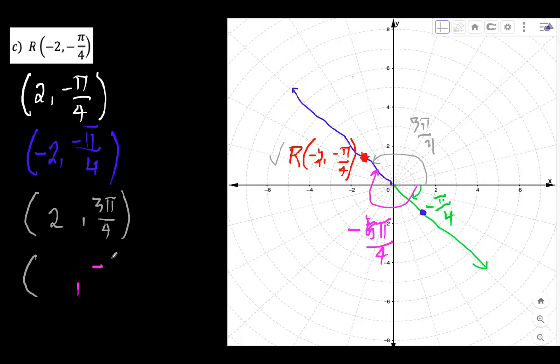So our angle measure is negative 5 pi/4. And of course, our radius should be positive, since we did not translate the point to its opposite ray. So that's 2. Here we go. So these are just some of the points that share the same location with point R.